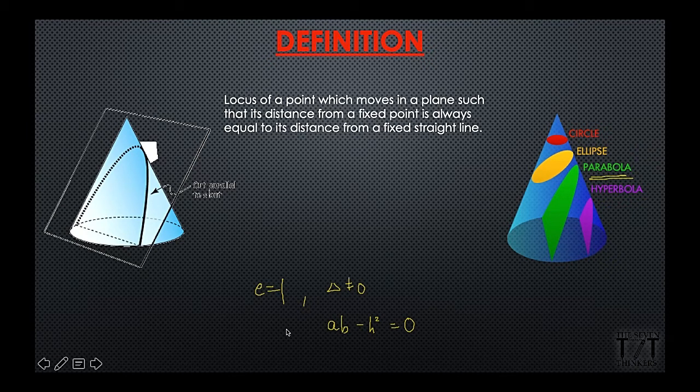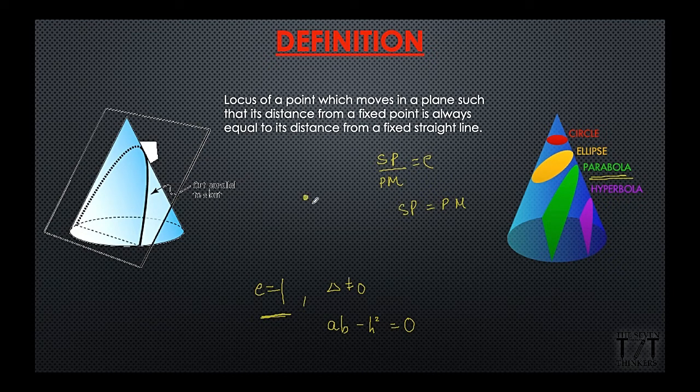Now how do we get to this definition? As we have seen in the conic section theory, we got e equal to 1 for parabola. And we also know the fact that SP by PM is equal to e. Now if e is equal to 1, SP will be equal to PM. What was SP?